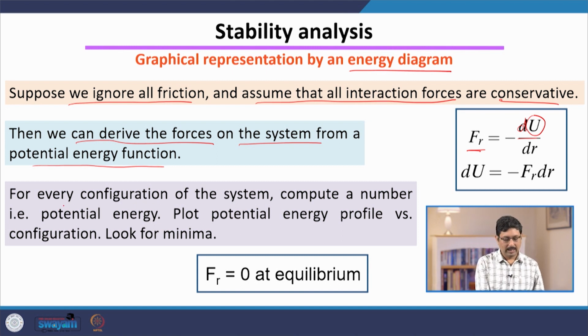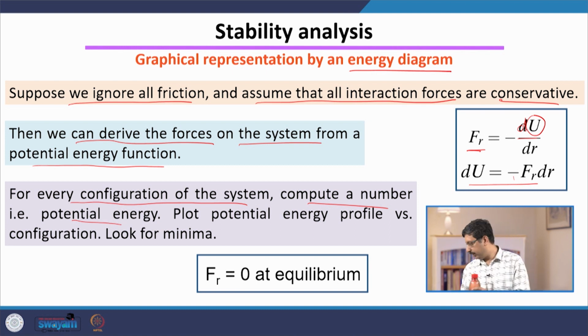Now, for every possible configuration of the system, compute the potential energy, which is a number, a scalar, because this is a dot product between the force and the displacement, so it must be a scalar. So, you get a number for every configuration. What do I mean by every configuration? If I take this bottle again, this is a configuration, and for it we can compute the potential energy.